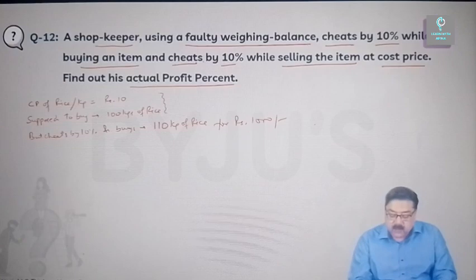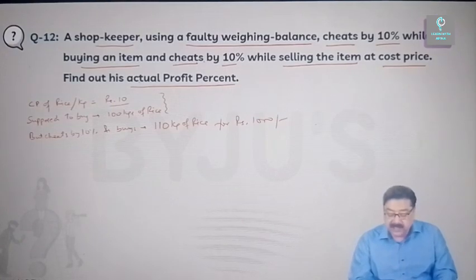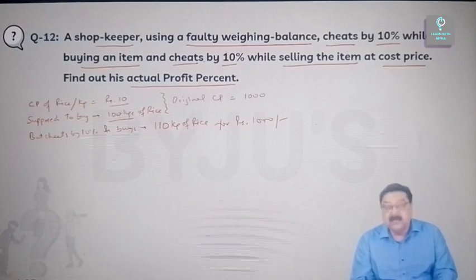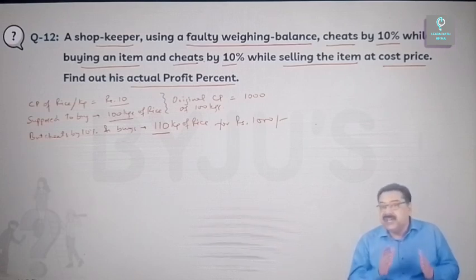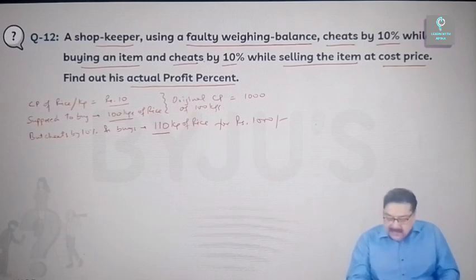See, if he was supposed to pay rupees 10 per kg for 100 kgs of rice, then his original cost price should have been rupees 1000, that is 10 into 100, but this would have been for 100 kgs of rice. But what he did instead, he cheated the weight. His weighing balance showed 100 kgs, but in actual, the rice that he bought for rupees 1000 weighed 110 kgs. So he cheated by 10%. So 110 kg of rice he has bought for rupees 1000.